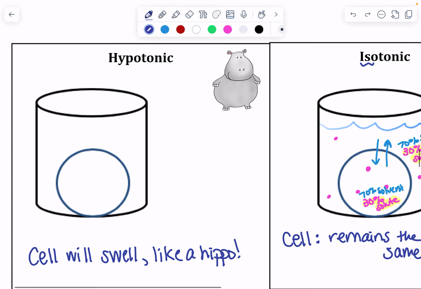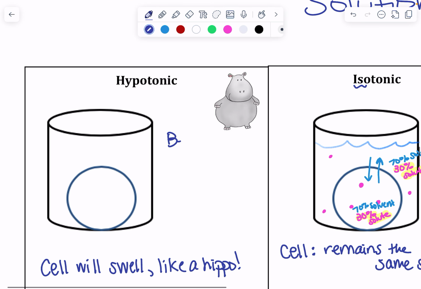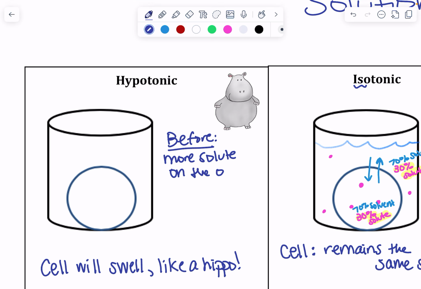Okay, so the before, let's go ahead and write the before. The cell is put in, the cell or the solute. There's more solute on the outside. Oh, I'm so sorry. Inside of the cell.